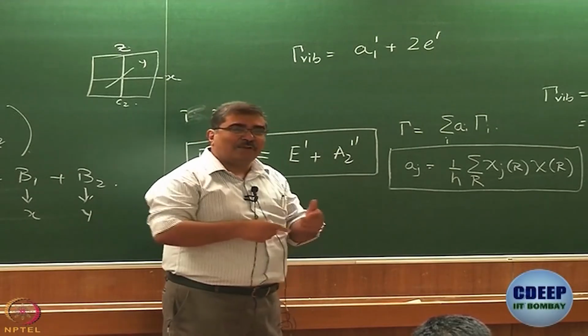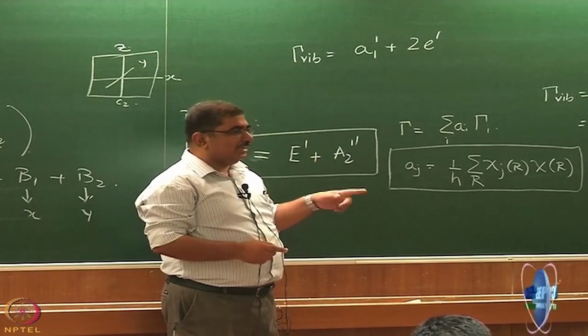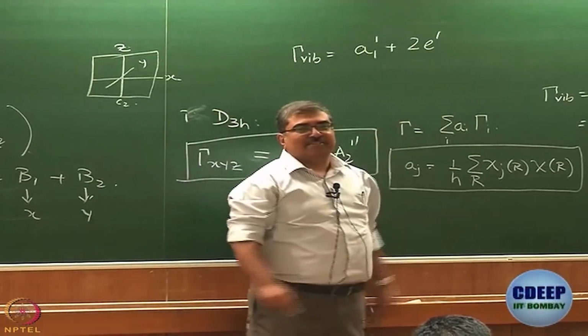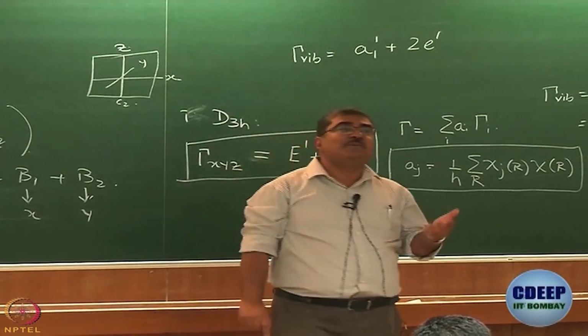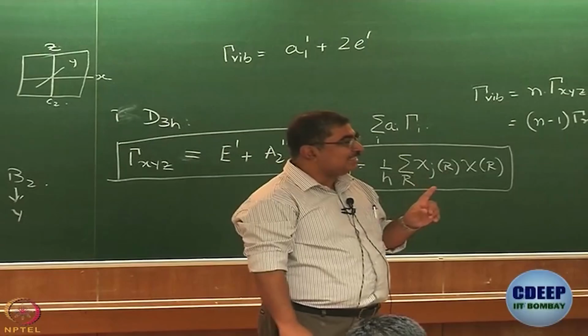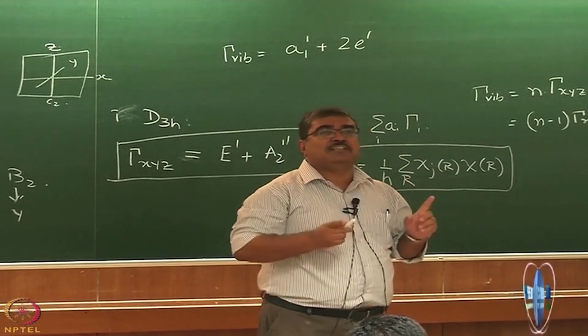So, this is the second point where we often go wrong. It is not 1 plus 2, 3, but 1 plus 2 into 2, 5. Do not forget, E dash is a 2-dimensional irreducible representation. So, each E dash contains 2 vibrations that transform together.